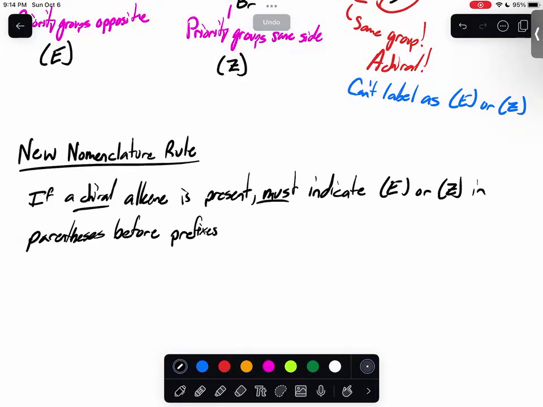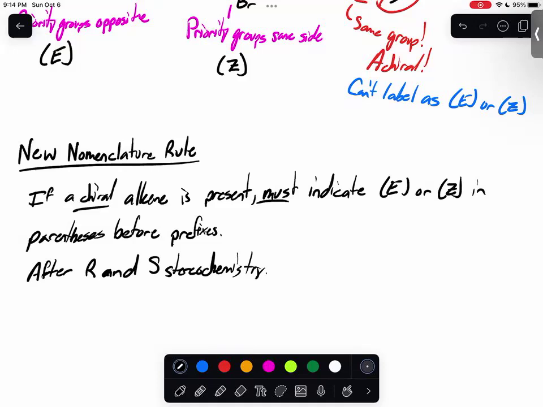All right. And one last thing is it comes after R and S stereochemistry. Okay. So let's see this rule in action.